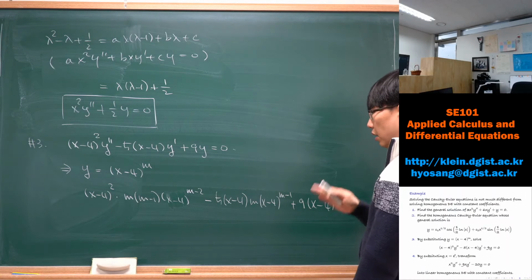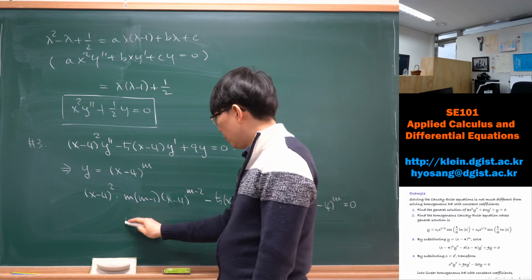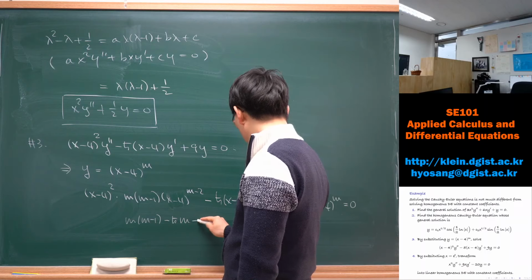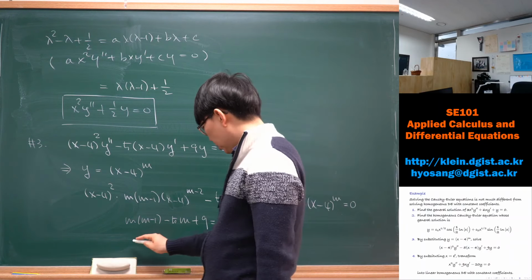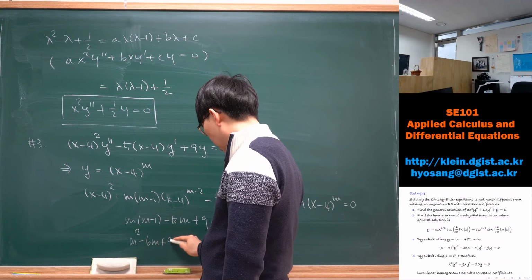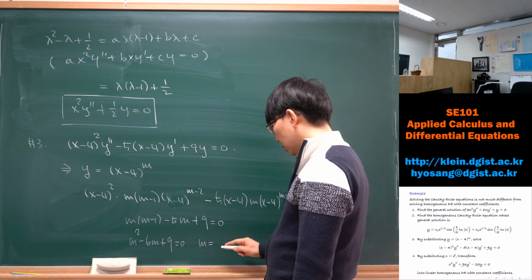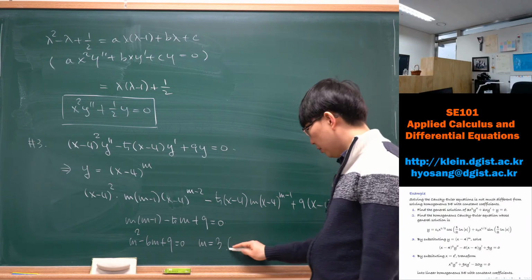So we have x minus 4 to the power of m everywhere. So let's remove that. And what is left is m times m minus 1 minus 5m plus 9. Right? So we have m squared minus 6m plus 9 equals 0. So m equals 3, right? So that's a double root.